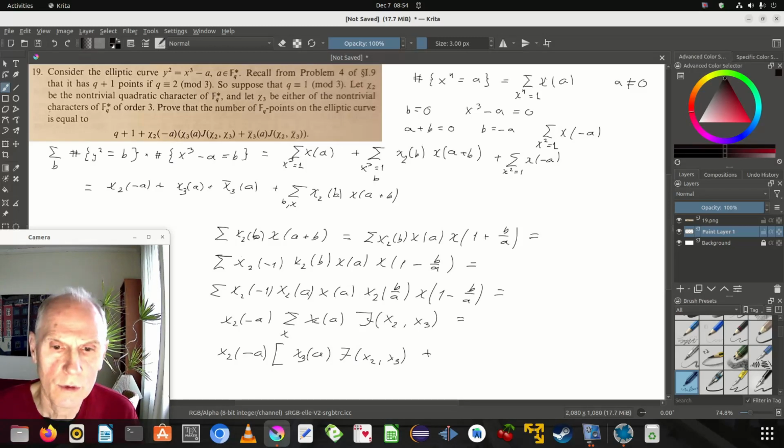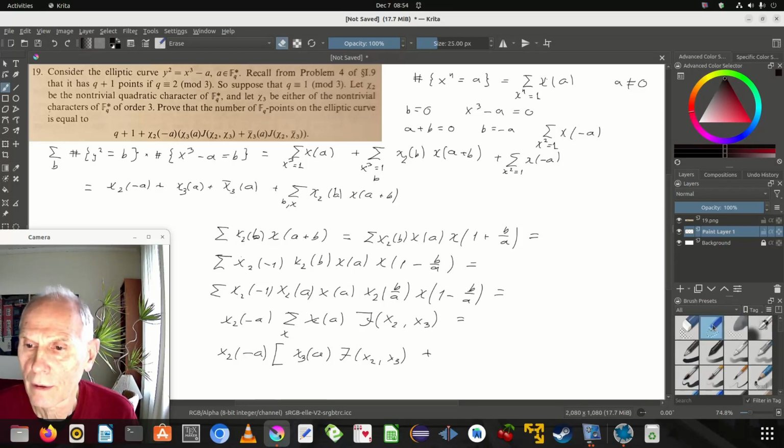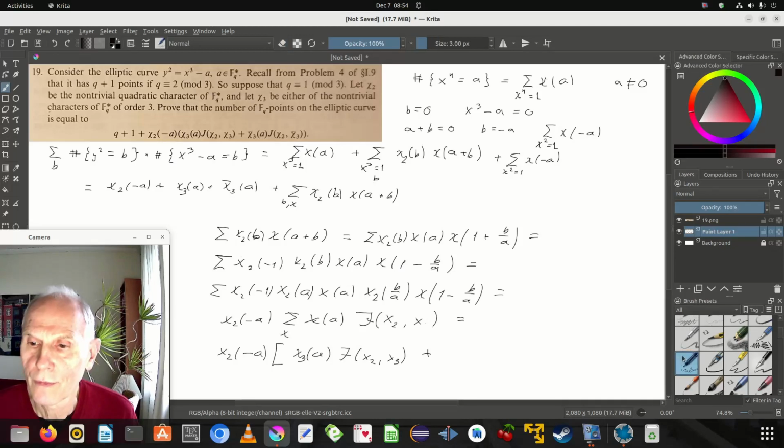And using the, this should just have been chi. My index eraser. Oops, times dA of chi2, chi3 bar.